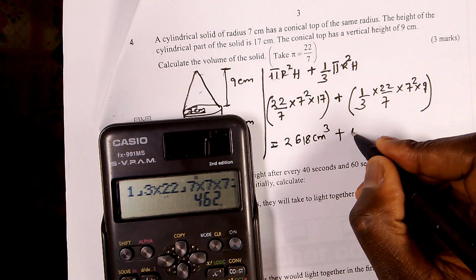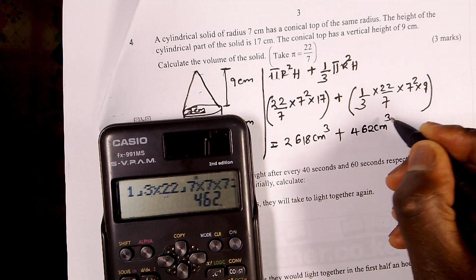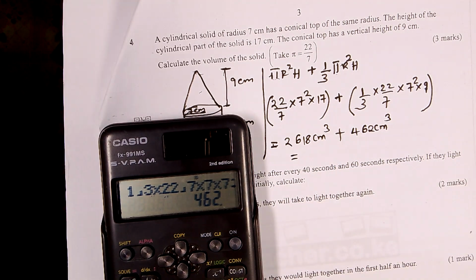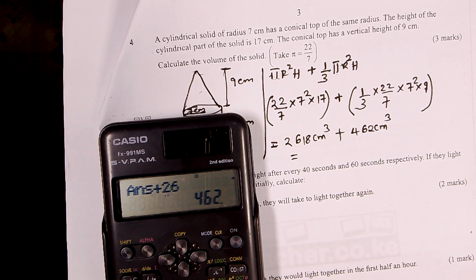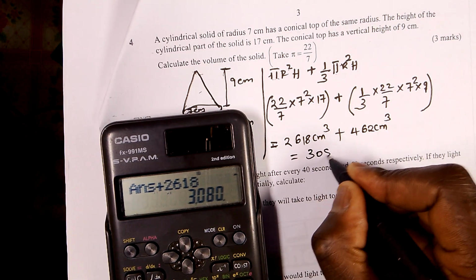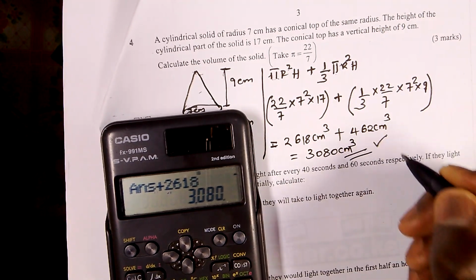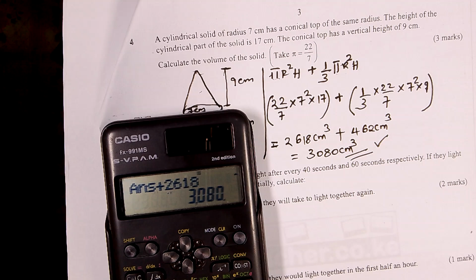It will be 462 centimeters cubed. By adding the two, we will get our final volume as 3,080 centimeters cubed. By doing that, we have already determined our volume in that particular question.